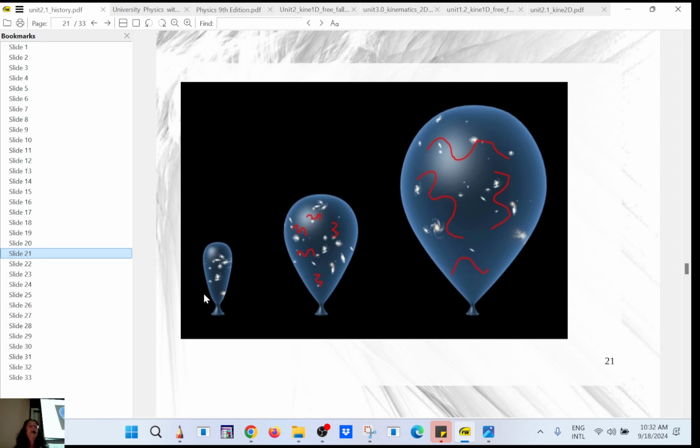But because the universe is expanding, you would expect that light to be stretched out. Maybe it was in UV or visible, but by the time it gets to us, 14 billion years later, it should have been stretched. That's what we call the cosmic microwave background. So I will explain that.